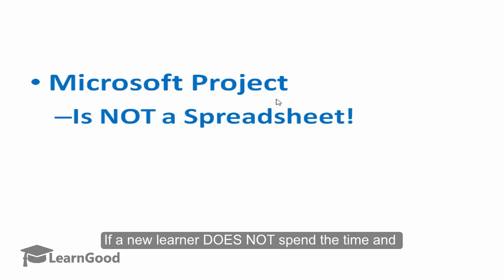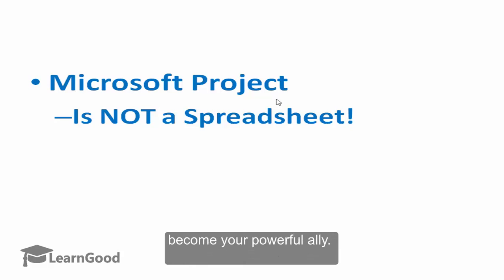If a new learner does not spend the time and effort to understand how and why the automatic scheduling works, they will quickly get discouraged and intimidated by the tool and perhaps give up on Microsoft Project. Don't let this happen to you. Treat Project like a powerful scheduling tool and it will soon become your powerful ally.